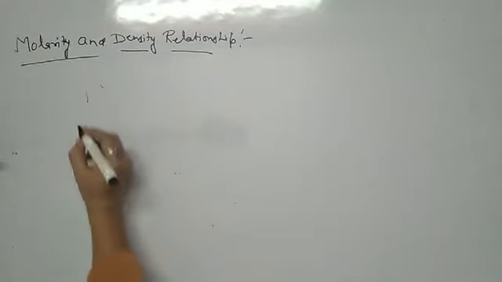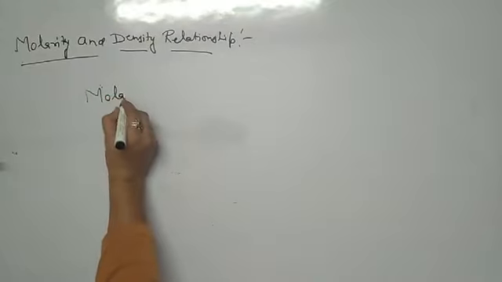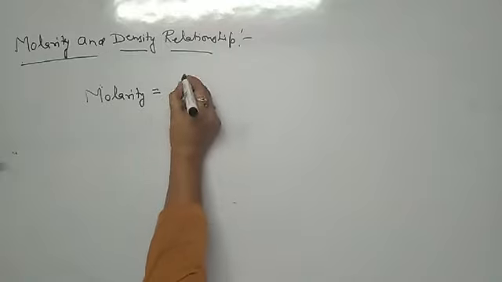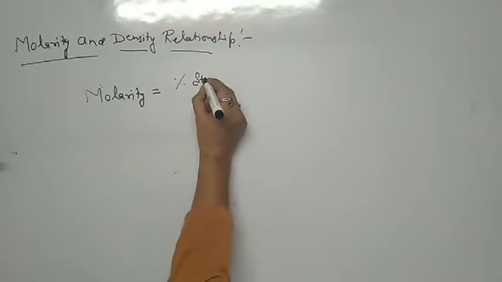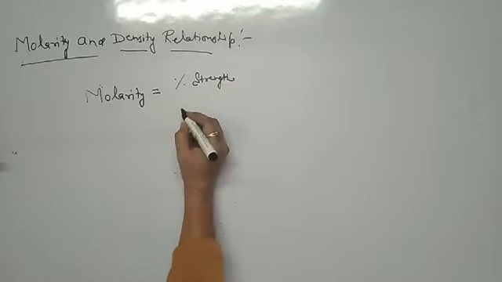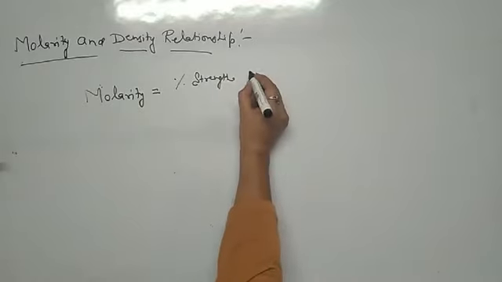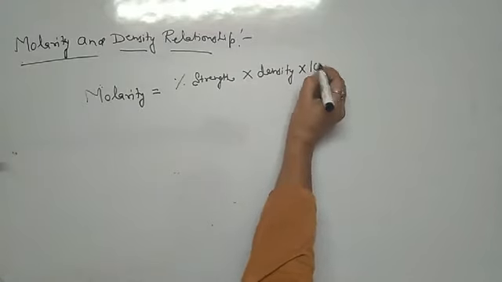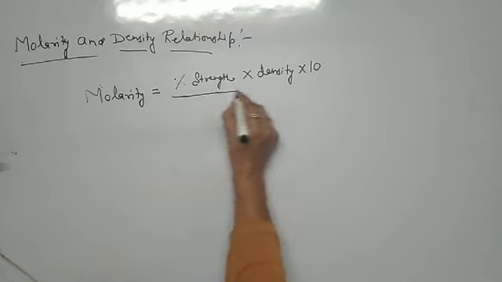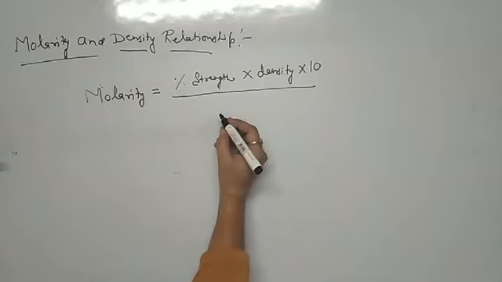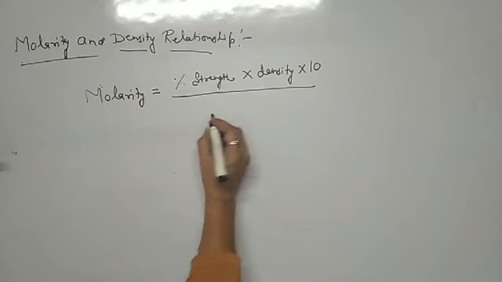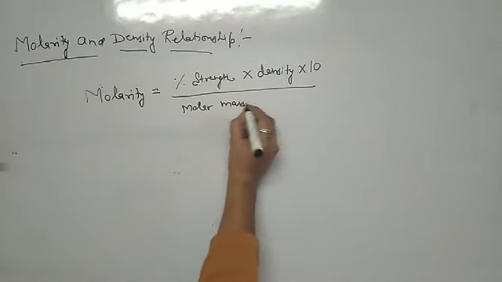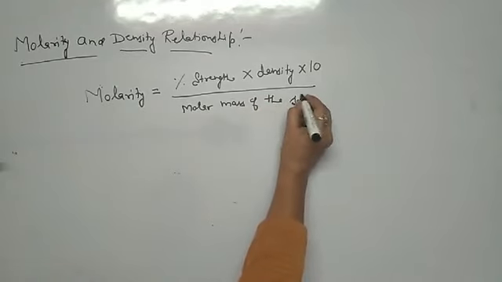That time you may use molarity is equal to the percentage strength, the given percentage in the solution, into density into 10, because percentage into 10 is converted into strength per 1000, upon the molar mass of the solute.